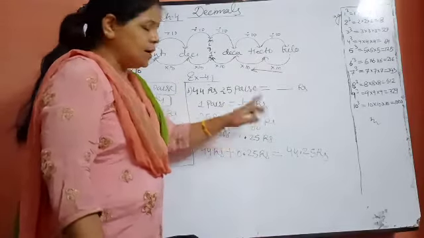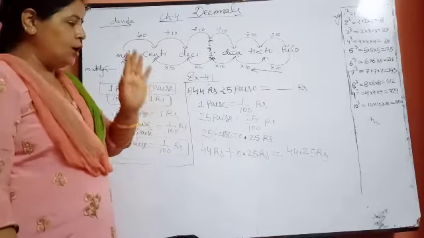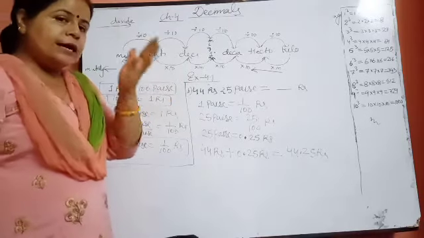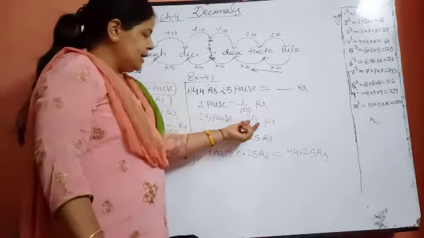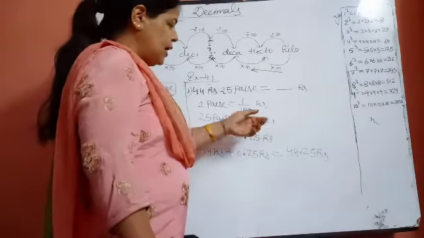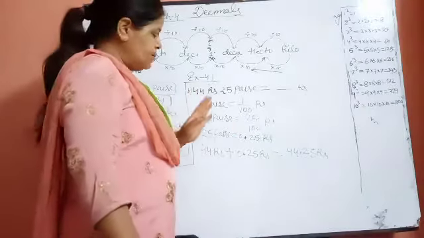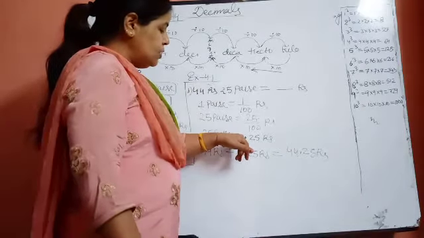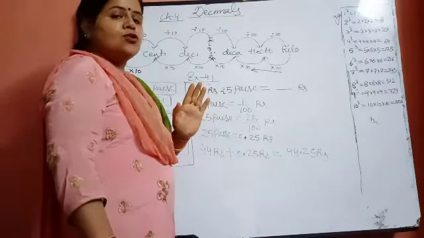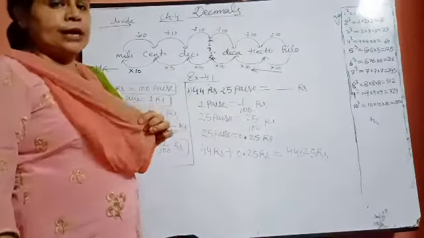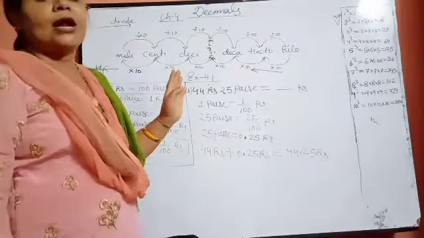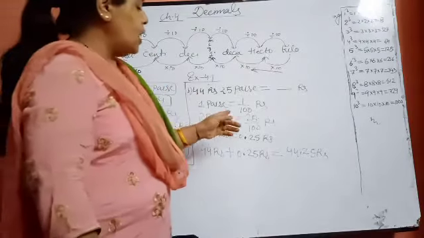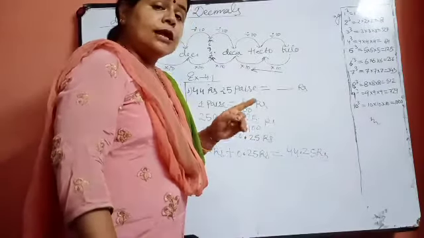I taught you that you have to see where your decimal is right now, and according to the number of zeros under that value you will shift your decimal. After 25 right now you have your decimal. When you shift your decimal, if zeros are under, meaning in the denominator, at that time your decimal will shift to the left-hand side, depending on the number of zeros.